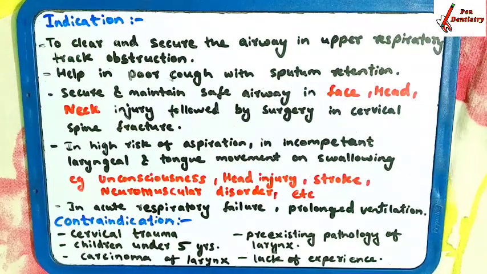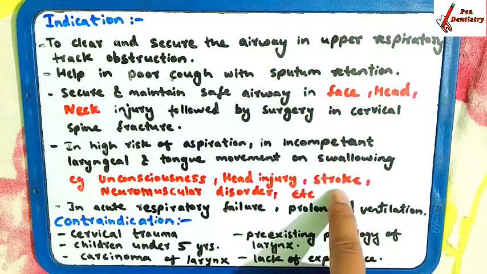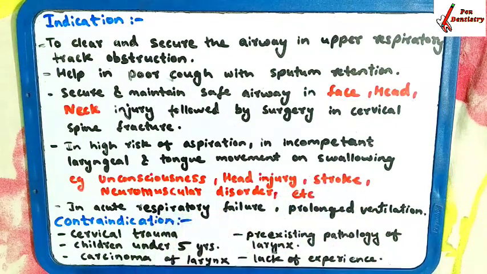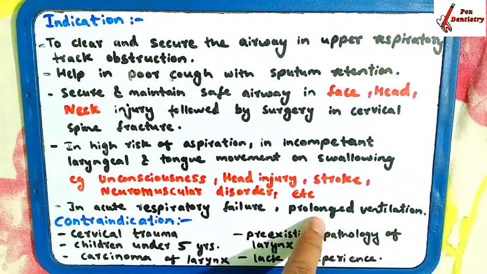Head injury, as I have told you, stroke or neuromuscular disorder, in these conditions we use the tracheostomy. In acute respiratory failure also, and when the patient is in the ICU and on a ventilator for a long time, at that time we use the tracheostomy for easy respiration.